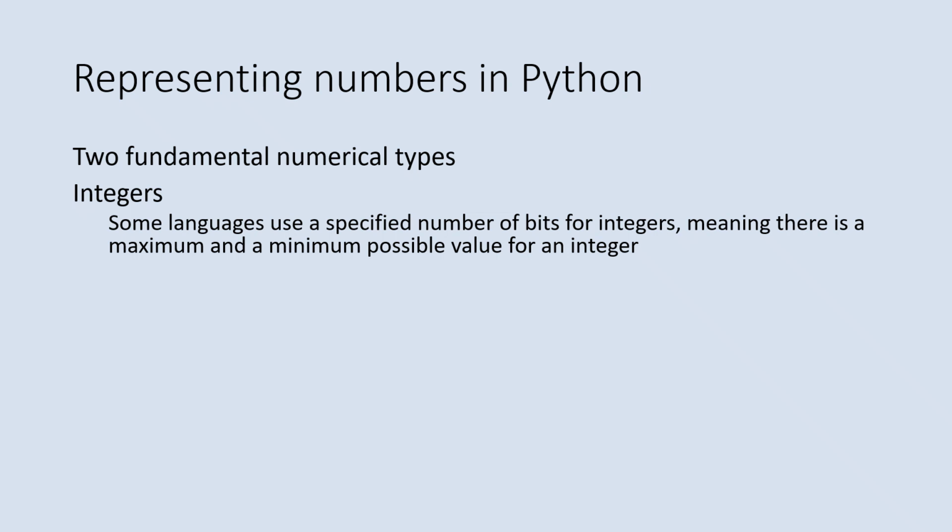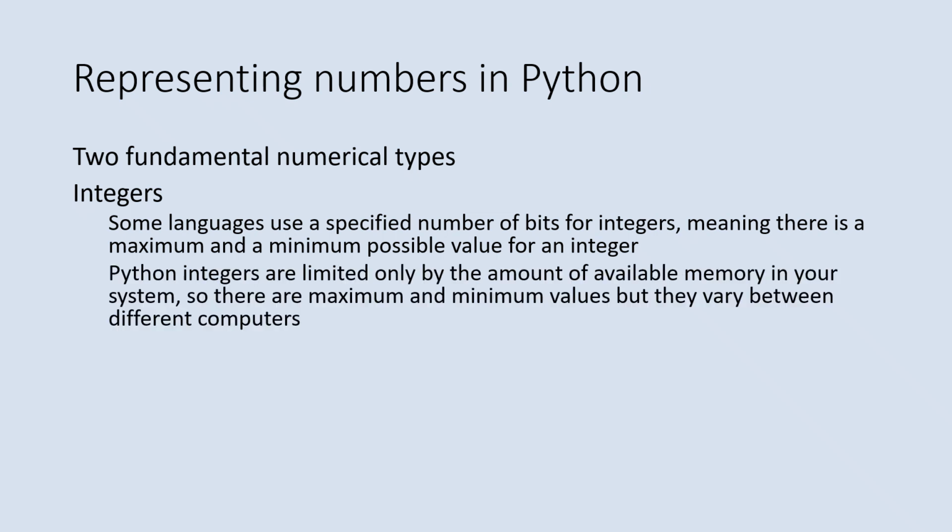Of course, programming languages use many more than 3 bits, but there's still a minimum and a maximum that aren't as big as you would expect in mathematical integers, because mathematical integers can be as big or as small as you like. Well, Python integers are implemented in a different way, where we're not going to get into the details, but it's limited only by the amount of available memory.